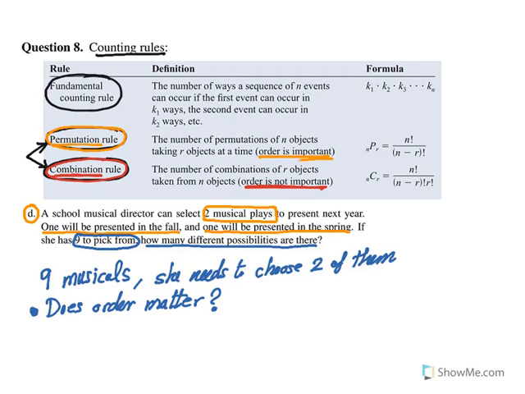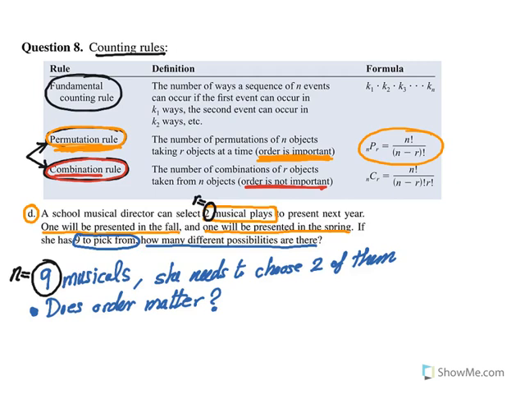Because the order is important, you go back here and look at when order is important, we use the permutation rule, which is the one here, nPr. So n is the total number. This is n is 9 in this case. And r is the objects that we're choosing, which is 2.